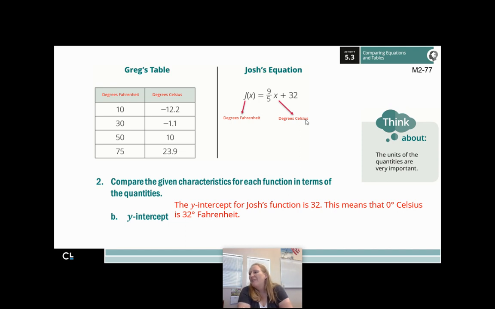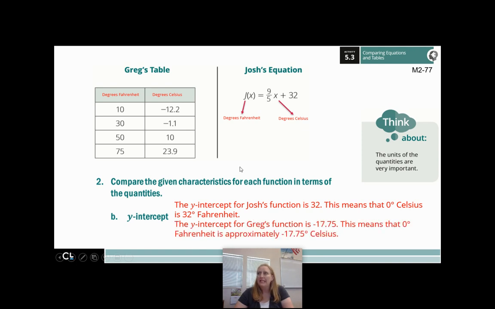For the y-intercept for Greg, it took a little more work. Probably the best way to do it would have been to plot those points on a graph and then use a ruler or straight edge and line it up a little bit. It was a little rough to find the y-intercept for this one, I won't deny that. Again, plotting the points and then making that straight line using a ruler to see where it hits your y-axis probably would have been the best way to do it.